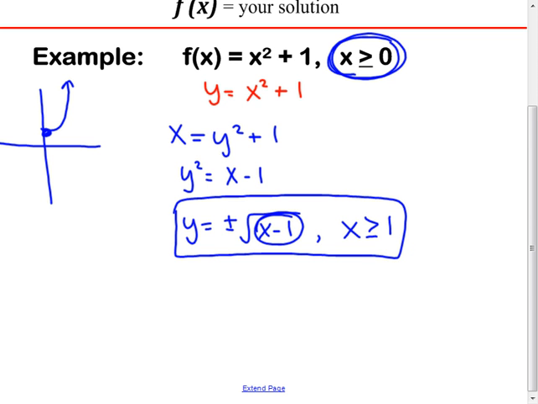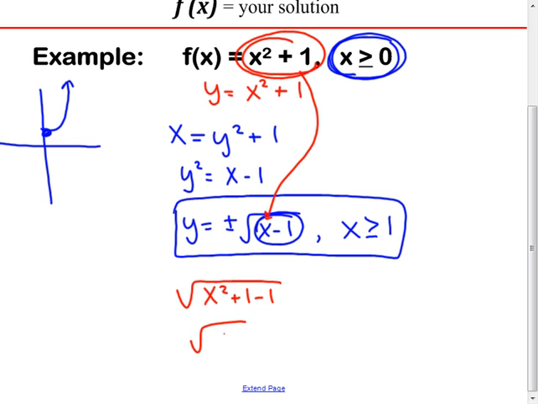So here we go. Now we're going to plug the two equations into each other. First of all, I will take the original equation up here, and I will plug it in down here. And when I take the original equation and plug it in, then I have the square root of x squared plus 1 minus 1, which of course is the square root of x squared, and then those two undo each other, and you just get x.